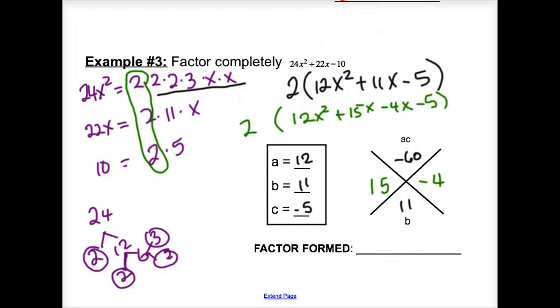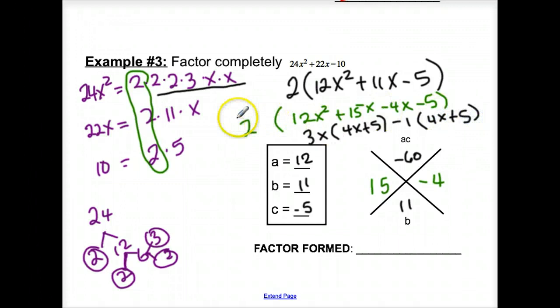Then once I do this, I am going to take the first two terms and factor. Look for what they have in common. They have a 3x in common, so that leaves me with 4x plus 5. Here now I have a minus 1. They have nothing in common, so I'm left with 4x plus 5.